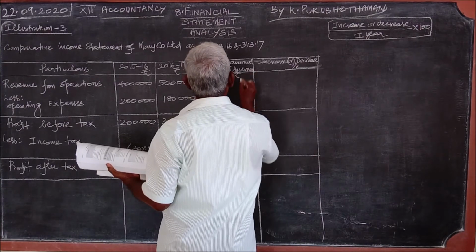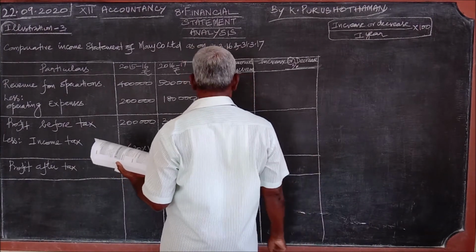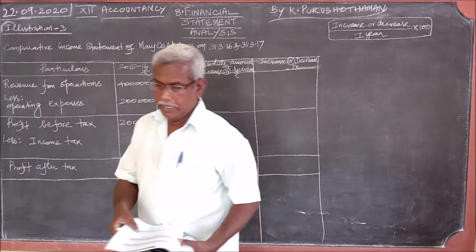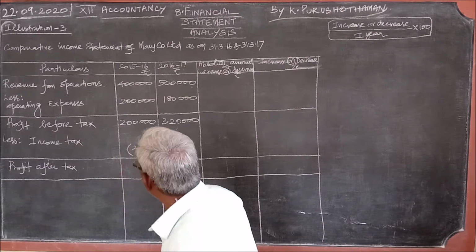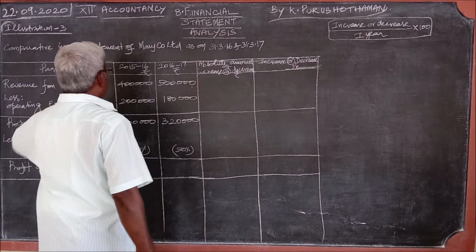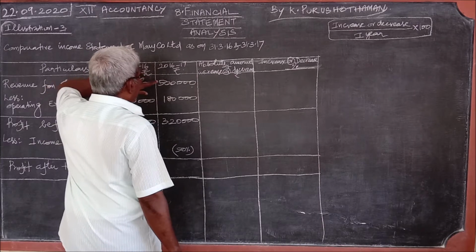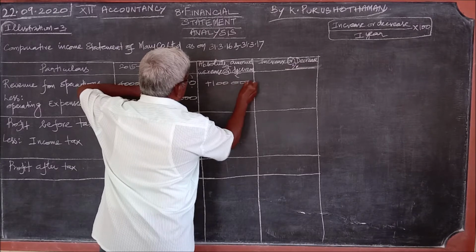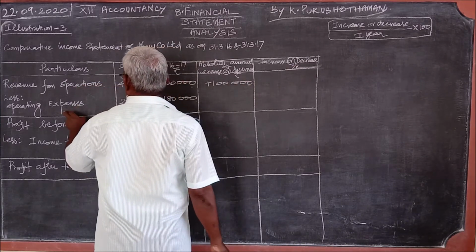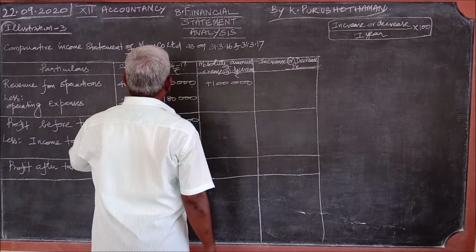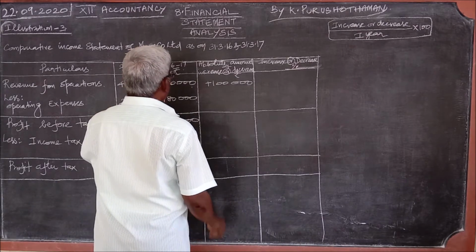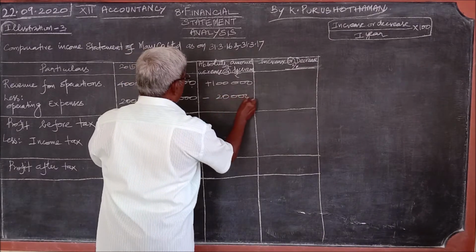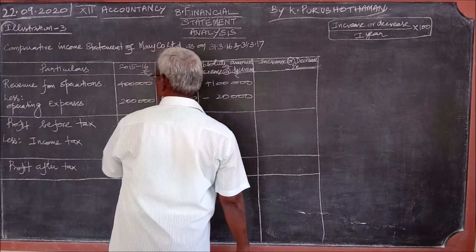Here it is given in rupees. We should find the decrease or increase percentage. We shall do it now. Here, first year 4 lakhs, second year 5 lakhs, therefore increase 1 lakh. Operating expenses, first year 2 lakhs, second year 1 lakh 80,000 only, therefore decrease 20,000.